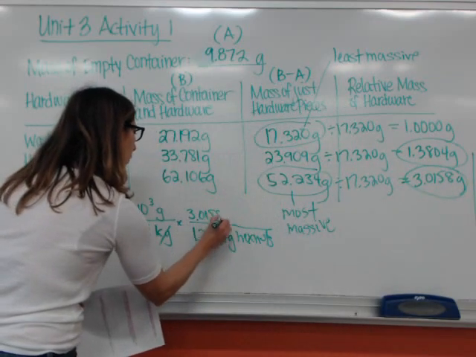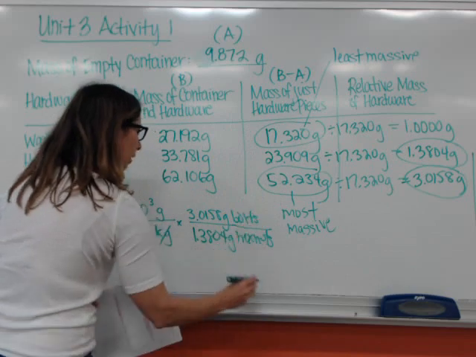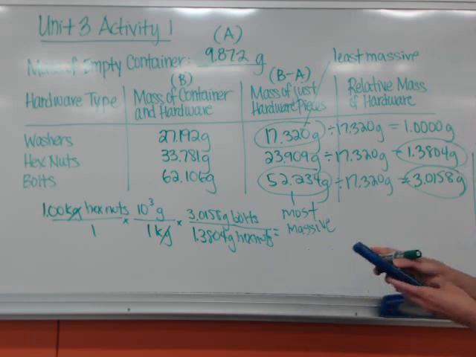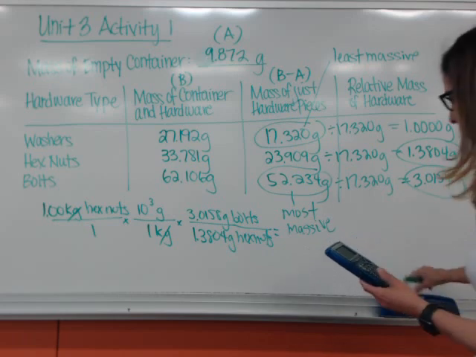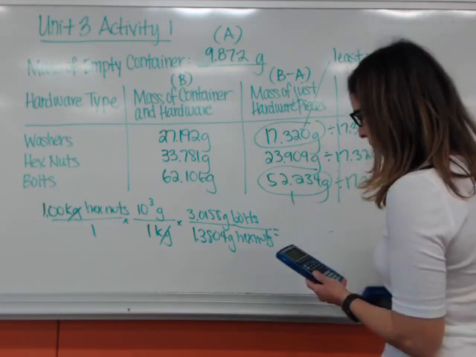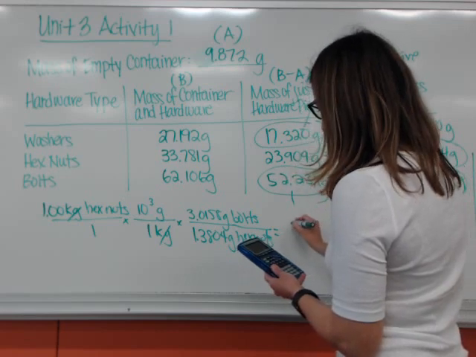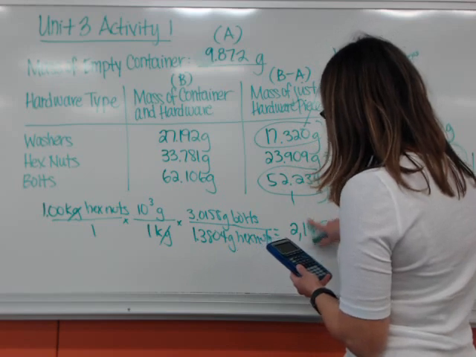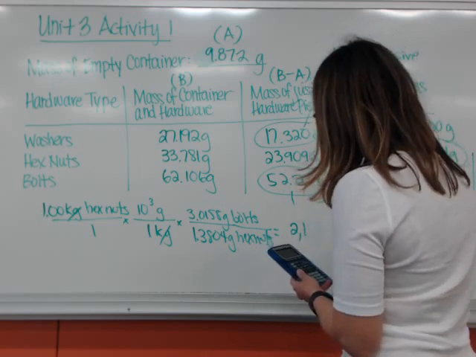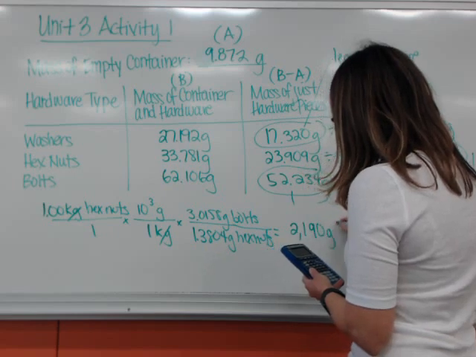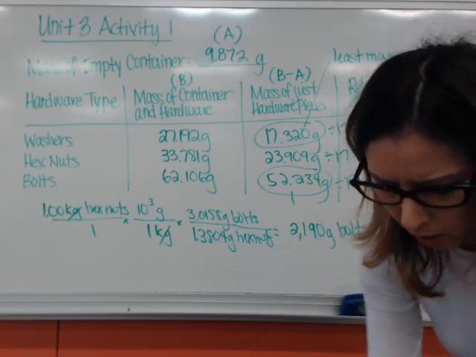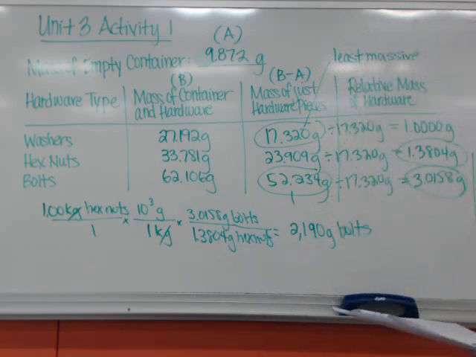And then I'm going to get my calculator. And that's going to be 2,185. Let's round this to 2,190. Let's just follow sig figs. So that's the mass of bolts that you would need so that you had enough for your hex nuts.